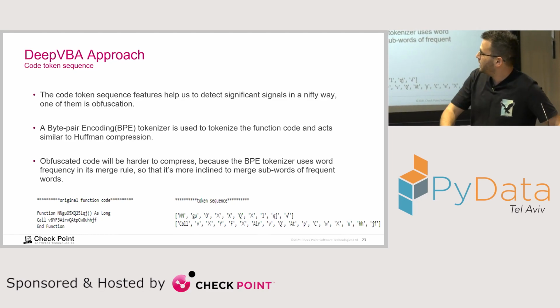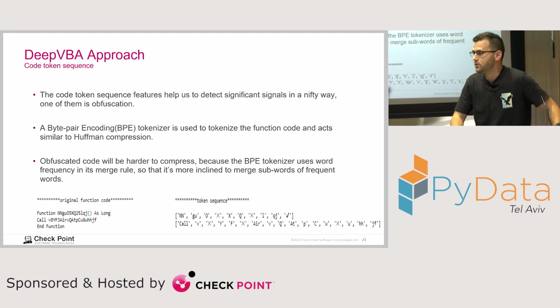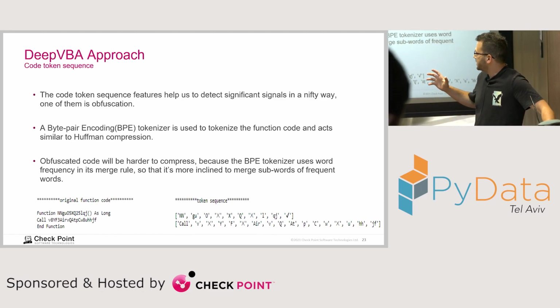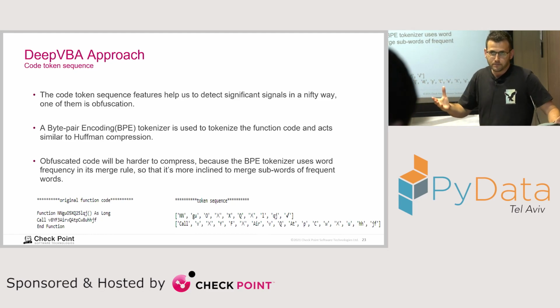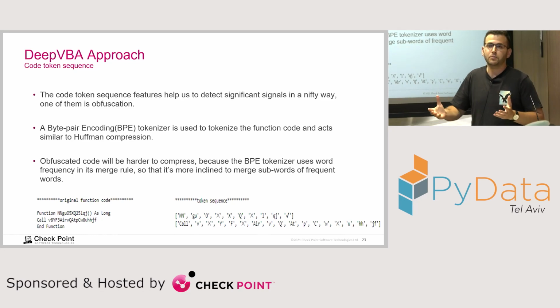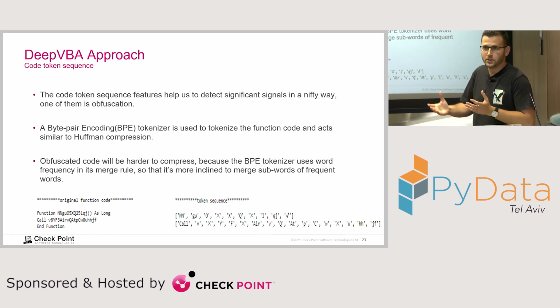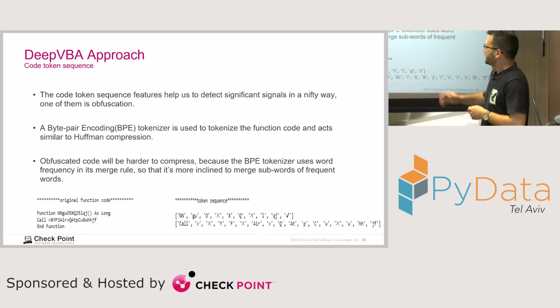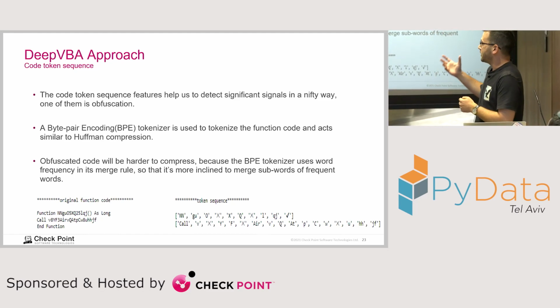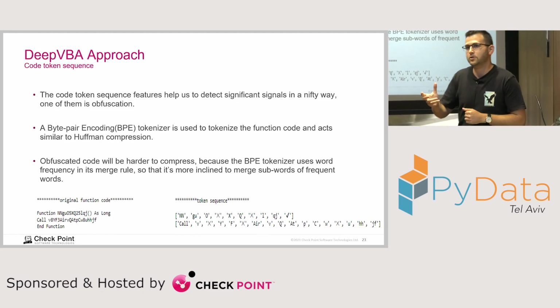We use a byte pair encoding tokenizer, a BPE tokenizer, and we train it on our database, of course. And remember that usually the database for the cyber domain is unbalanced. You pretty much have 95%, 99% benign, and 1% malicious. Okay? So when you train it on our data, it kind of acts similar to Huffman compression.